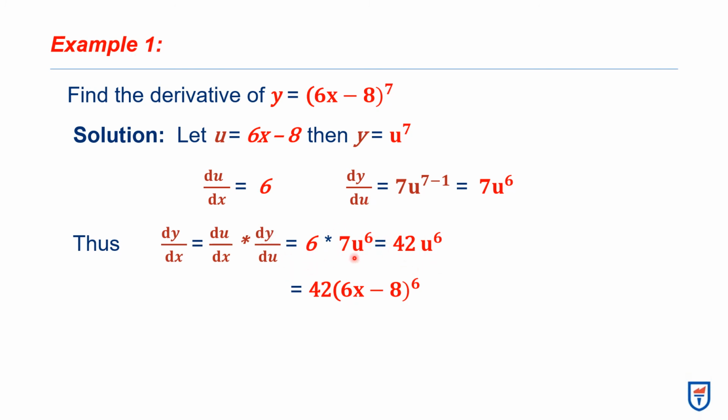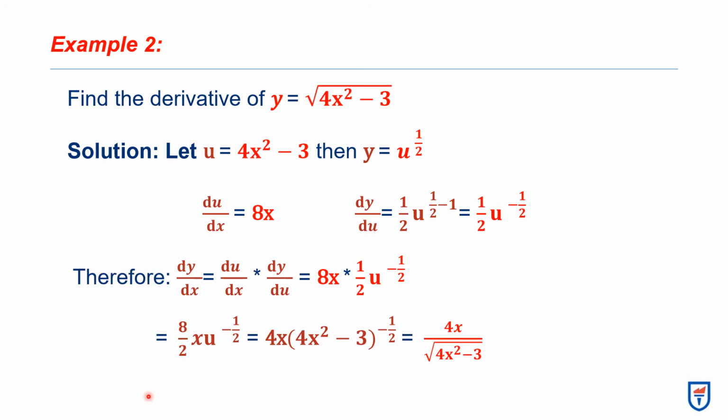When we say 6 times 7u to the power 6, we get 42u to the power 6. And now, once we get our final result, we put back the actual inner function of u, which is 6x minus 8, into place. Then we have our final answer: the derivative of this function is 42 times (6x minus 8) to the power 6.